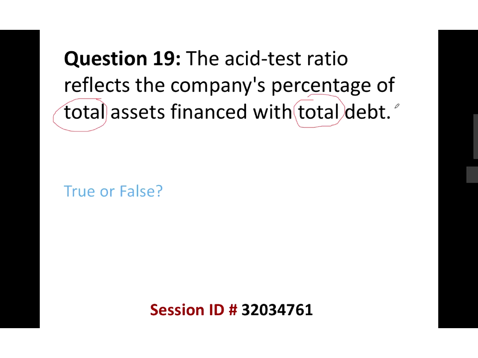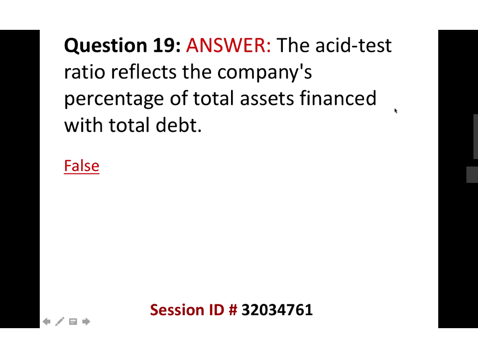On the slide on page 3, middle of the page on the left, it says it shows ability to pay all current liabilities, not total. This is false for two reasons.